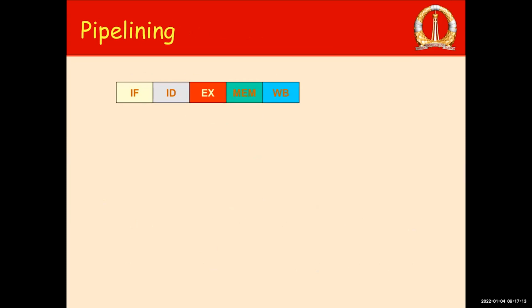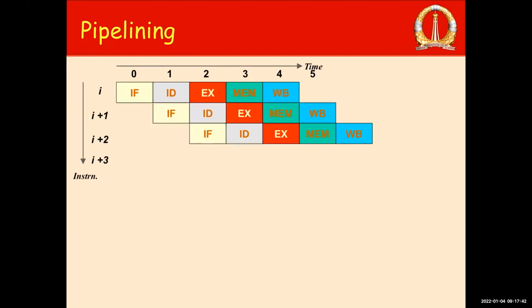One way is that you start the execution of the ith instruction and complete all its stages before you start the I+1th instruction. That's normally what you do in a non-pipelined execution. Whereas in a pipelined execution, as soon as the ith instruction completes its instruction fetch and moves to the instruction decode stage, the I+1th instruction can get into the instruction fetch stage.